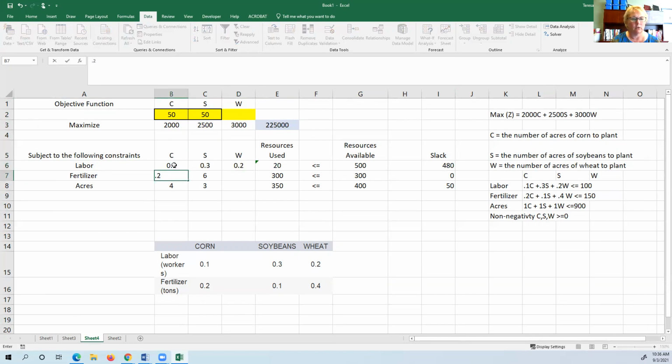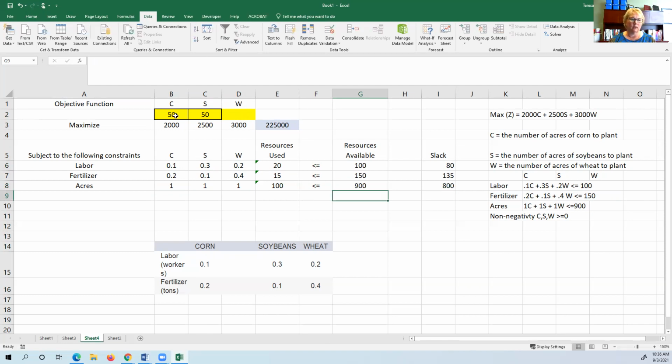For corn, it's 0.2, soybeans is 0.1, and wheat is 0.4. And acres, just every time we plant an acre, we need to count it, okay? And I have resources available: 100 for labor, 150 tons for fertilizer, and 900 acres, okay?